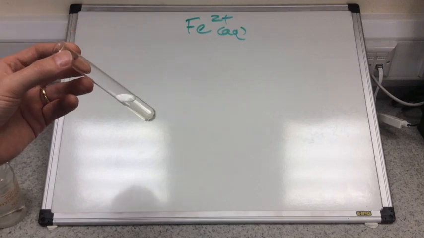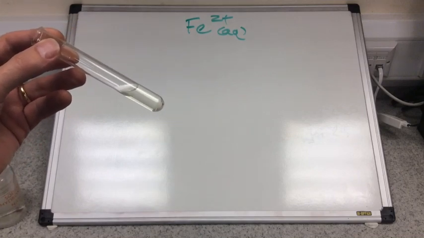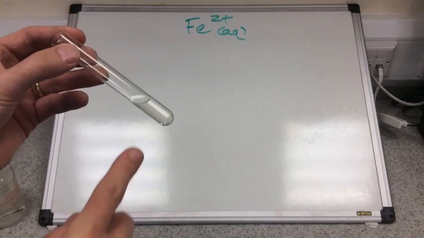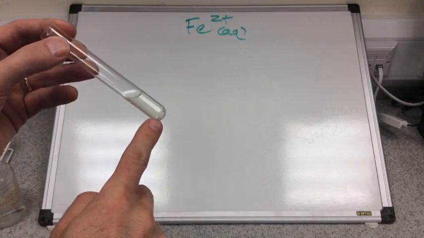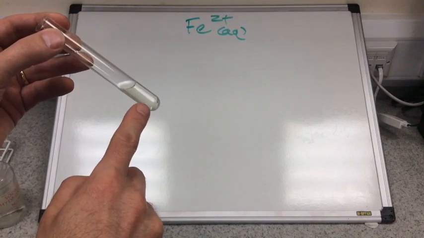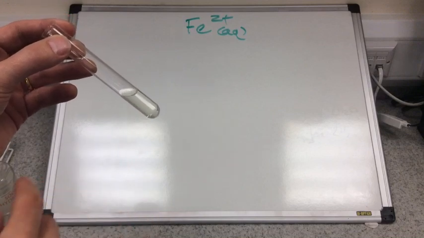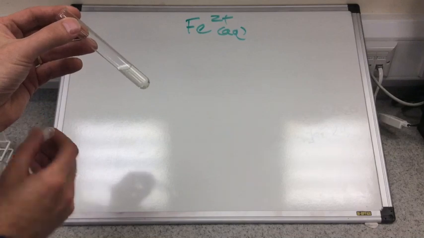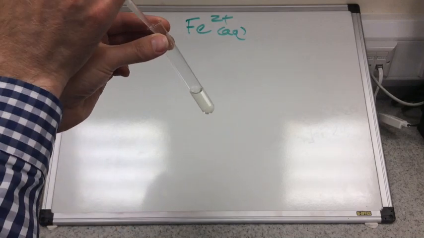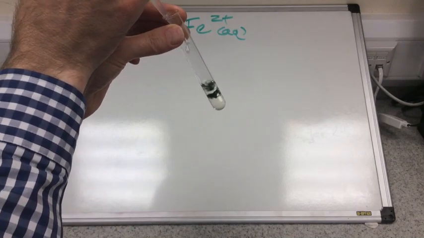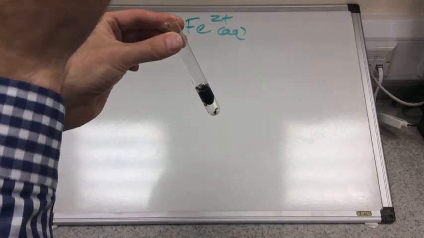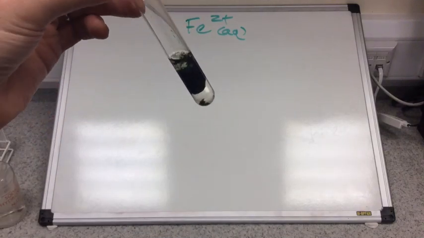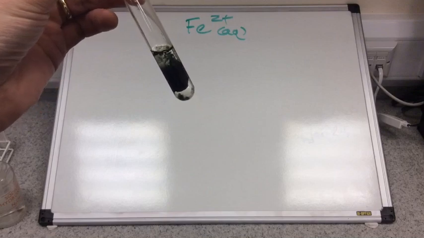We look at the precipitation reaction for the aqueous iron 2 plus ion now. I'm not sure how well you can see the colour of this. It is a very, very pale green colour. The solution I've got is very dilute, so the colour is not very intense. I'll put the hydroxide ions in and hopefully we'll see the precipitate. So this is actually a green colour.